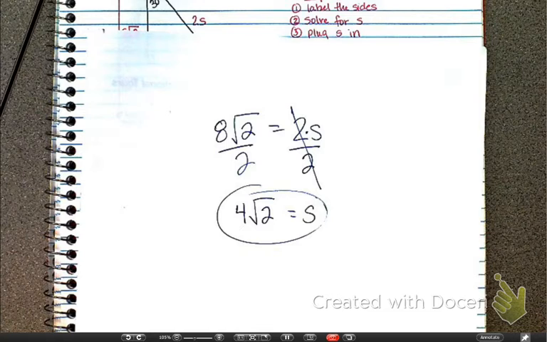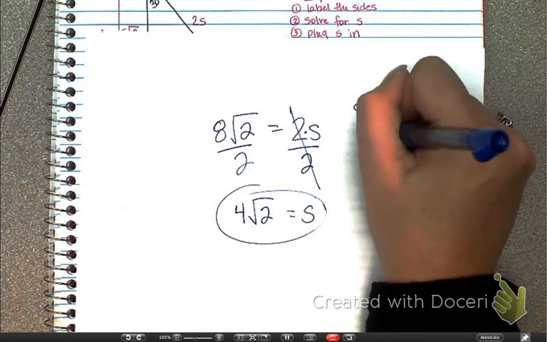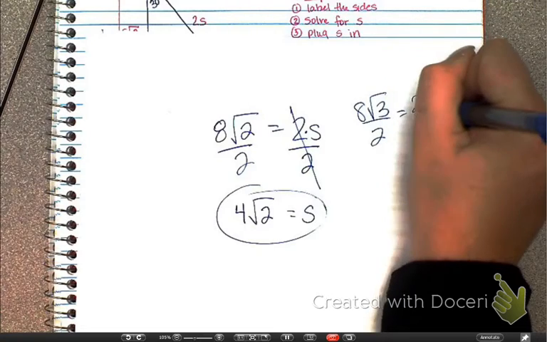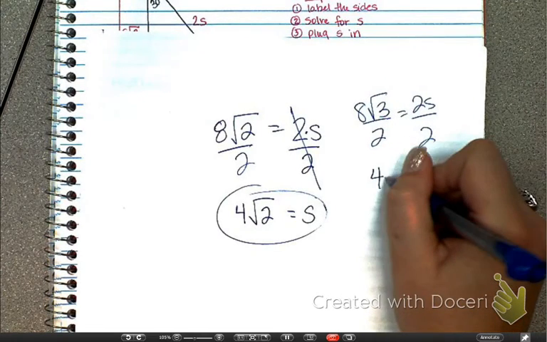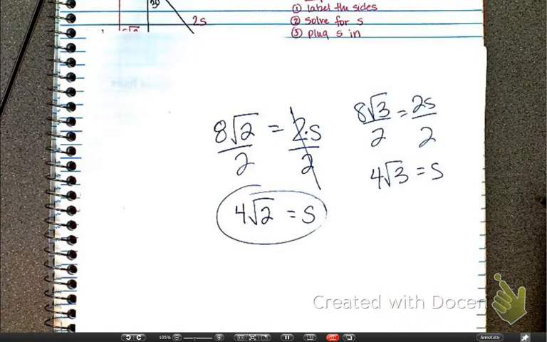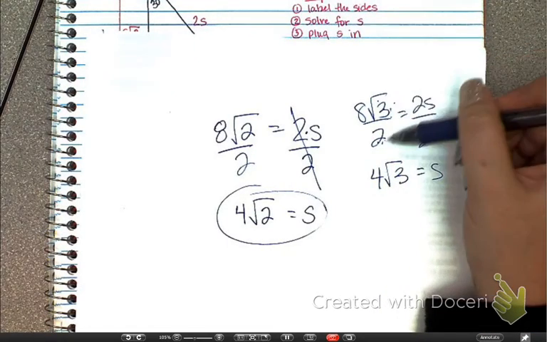Okay, what if you're dividing by another number that isn't the same as the square root? Like if it was 8 square root of 3 over 2? Or you divided by 2 like this? Yeah, so what would you do? So it would be 4 square root of 3. You cannot do anything with these two numbers because one's underneath the square root and one is not.